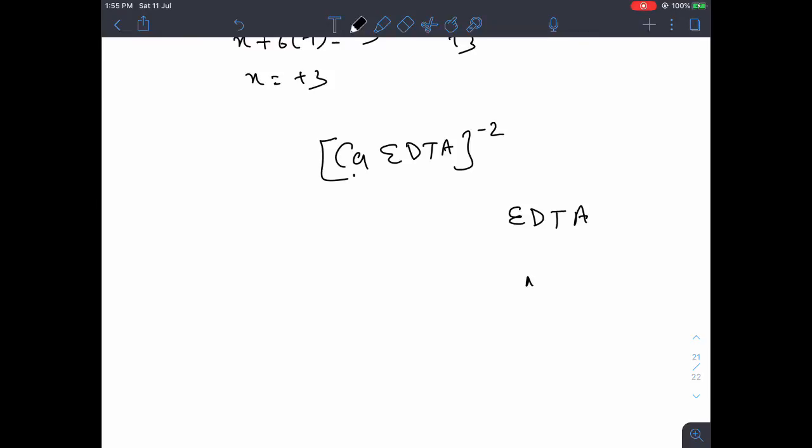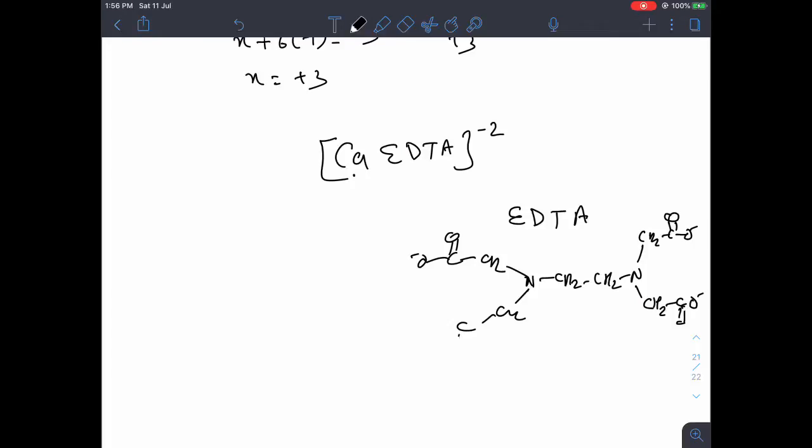The whole formula is N CH2CH2 N, with CH2COO minus, similarly here also CH2COO minus, and replicate this, CH2COO minus, CH2 C double bond O minus. As you can see, how much charge is there on one ligand? 4. So basically EDTA is minus 4. So what is the oxidation number? Very simple. X minus 4 is equal to minus 2, so X is equal to plus 2.